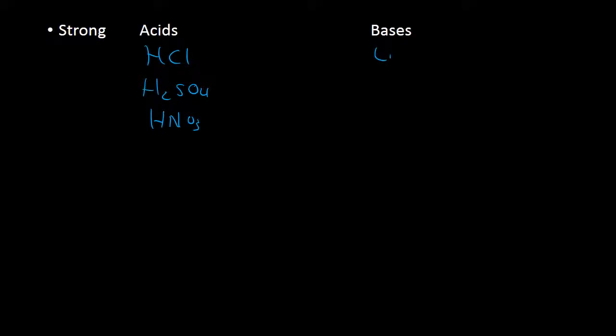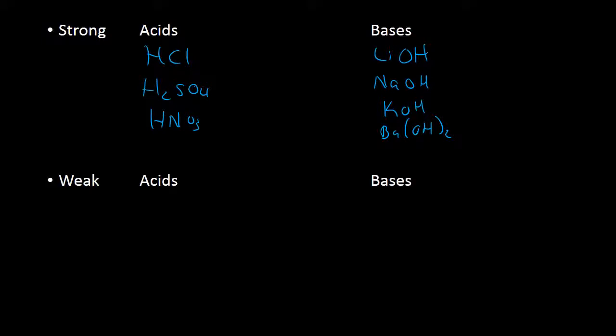Bases, we have lithium hydroxide, sodium hydroxide, potassium hydroxide, and barium hydroxide. You just got to memorize them. I'm sorry, that's just the way it is. Everything else is weak, okay? And you do have a list of weak acids and bases in your data booklet in section 21 for organic acids and bases. But if it's not one of these 7, it is a weak.